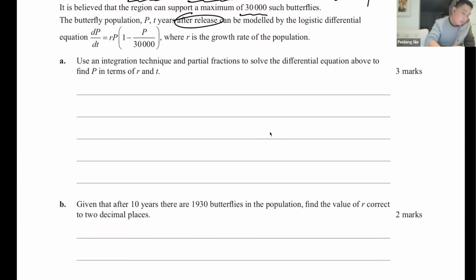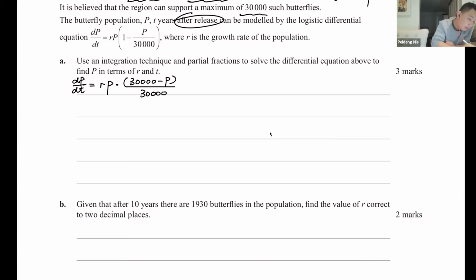Now for the first part, using an integration technique and partial fractions, solve the differential equation above to find P in terms of r and t. So instructions given, you have to use your calculus rather than DSolve, but we can also use DSolve to double check our answer. But firstly, what I'm trying to do is to write the right-hand side in a meaningful way. Let's say r times P times 30,000 minus P divided by 30,000, okay?